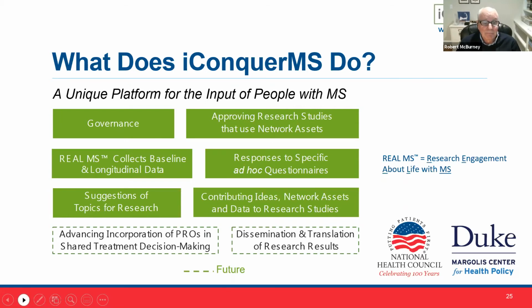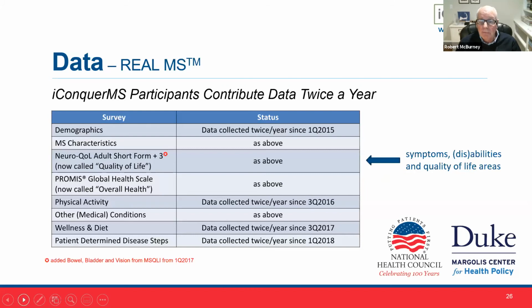Next slide, please. So I'd just like to talk about data and then talk about people and talk about some of the things that we've been doing specifically in COVID-19, and then talk a little bit about the future. We collect a lot of data from the participants, maybe overburdening them with data collection twice a year.